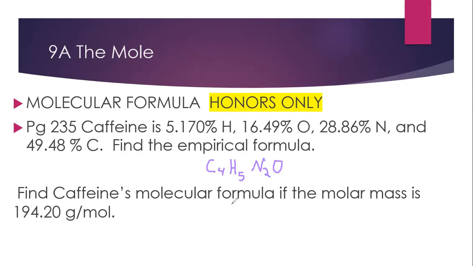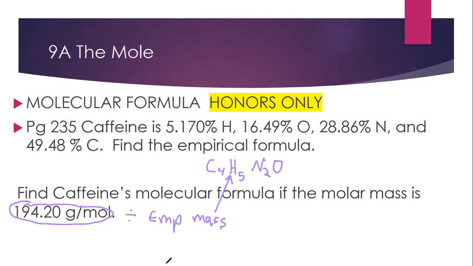And then in order to find the molecular formula, you must be given the molar mass. So you take the molar mass and divide it by the empirical mass. Now you've got to look these up: for carbon, 4 times 12.01, hydrogen 1.008 times 5, nitrogen 14.01 times 2, and then 16 for oxygen.